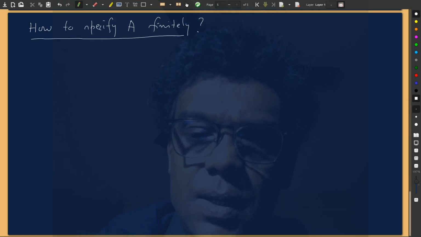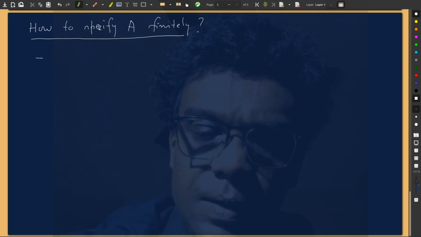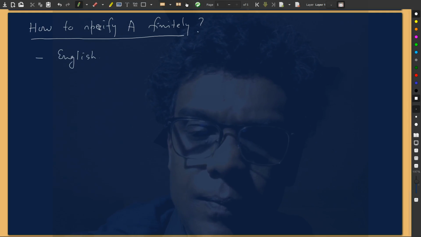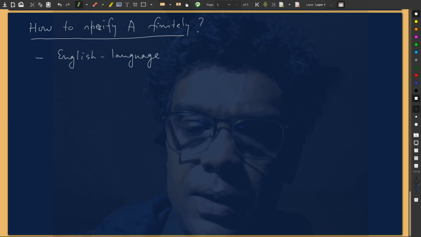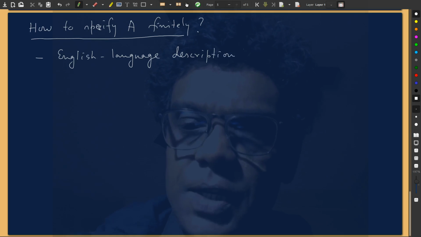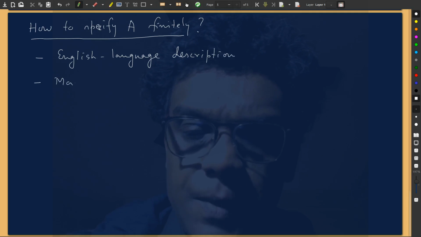One possibility is we can have an English language description. Of course, this description must fit in a finite amount of space. We may also have some mathematical description.